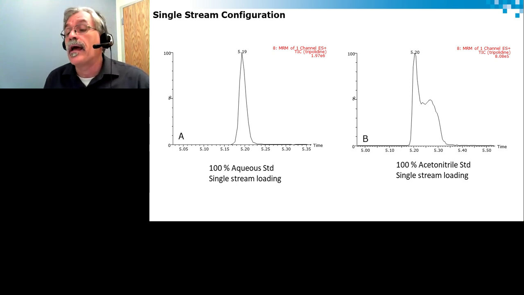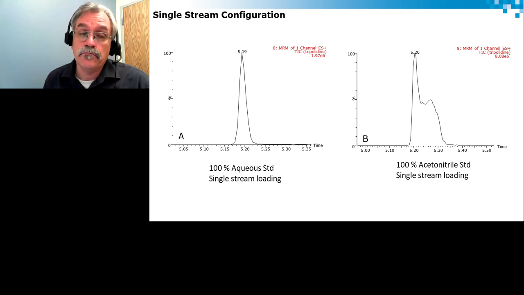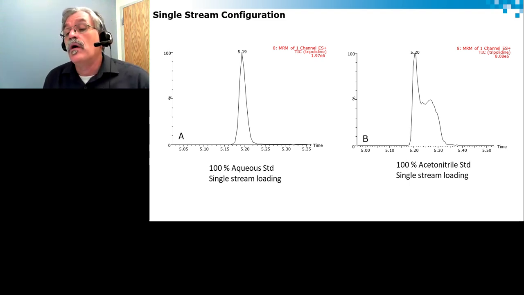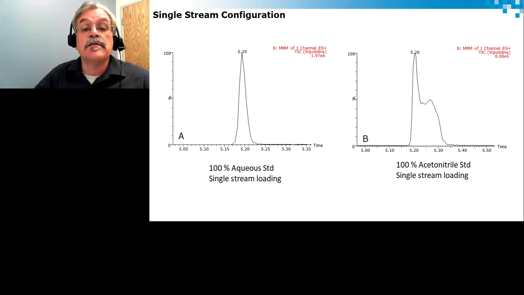When we look at the chromatogram on the right, we have a 100% ACN standard or extract. As to be expected, we see peak distortion. Now, what's the purpose of actually using a trap column versus an analytical column if the problem remains the same? The aspect behind it is actually what's going to happen on the next slides.